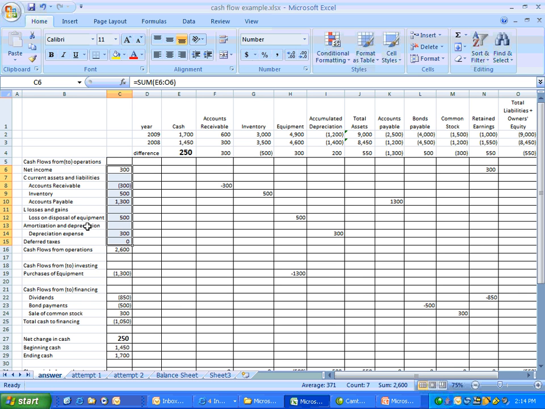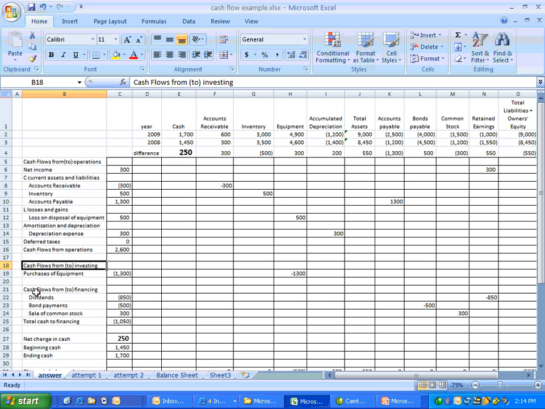If we had had a case where we had a gain on the sale of equipment, well, that gain isn't related to cash, so we would have actually decreased that from our net income. But here we've got a loss, so we're adding it back. The net here is $2,600, and that is our cash flow from operations for the year ended 2009.